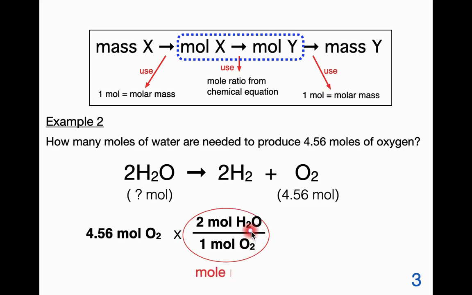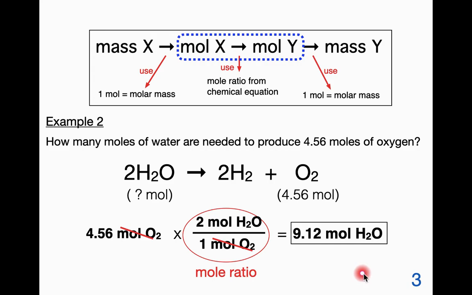This is our mole ratio. We get this from our balanced chemical equation. So moles of oxygen cancel out, and so this is simply 4.56 times 2. And that would be the moles of water. Okay, let's try another.